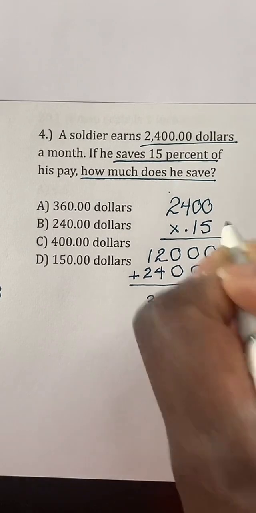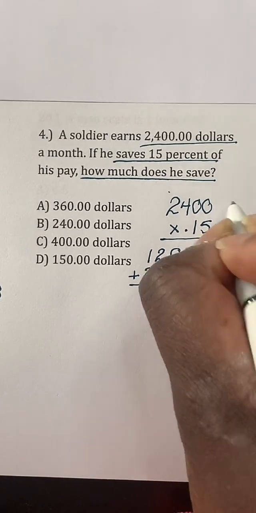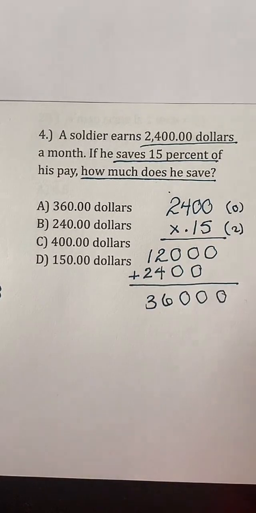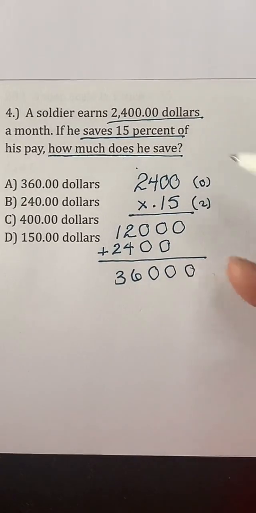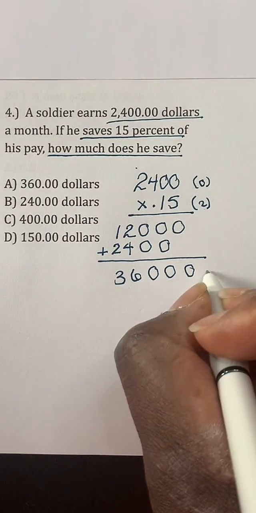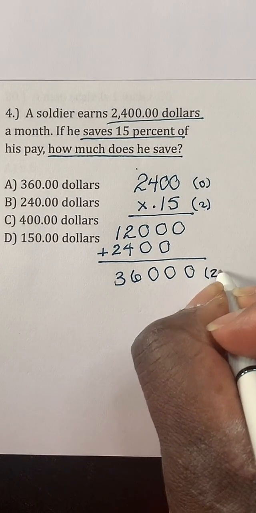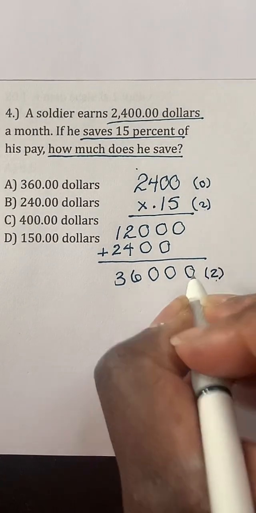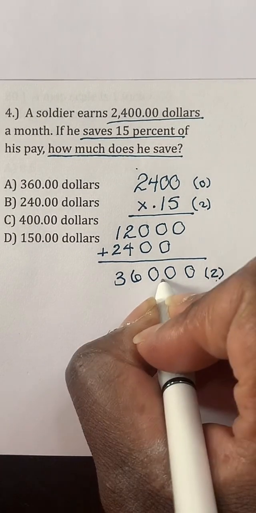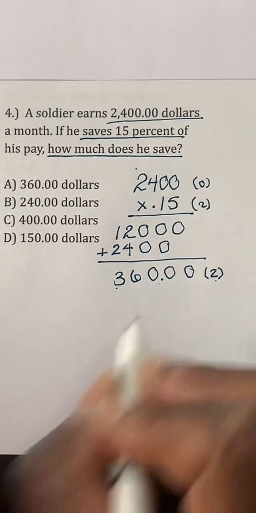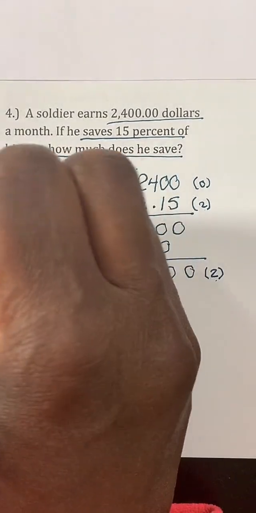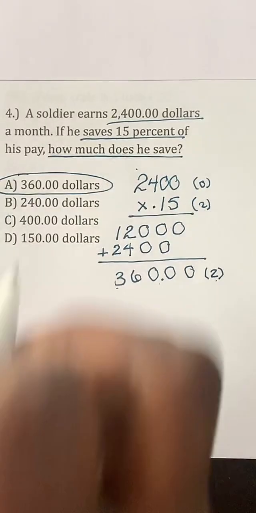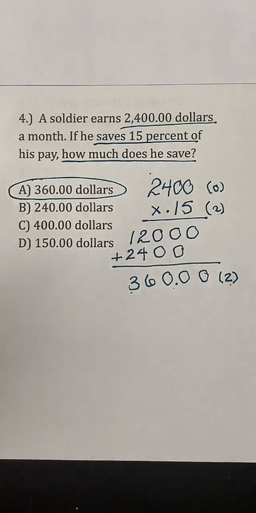And we have 3. This had 2 decimal places and this had 0 decimal places. When you're multiplying, you add together your decimal places. So our answer should have 2 decimal places. Starting at the end, 1, 2. Now we have 360, which is our answer of A.